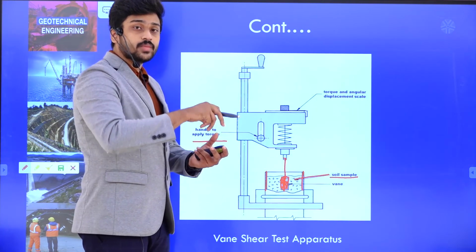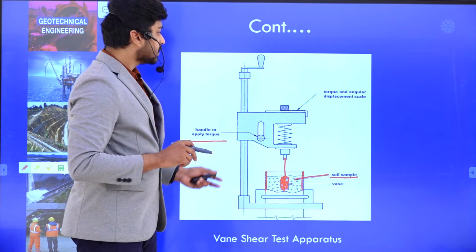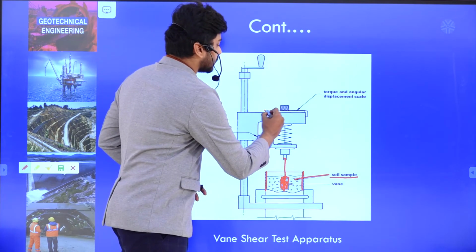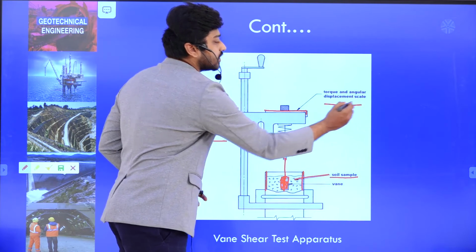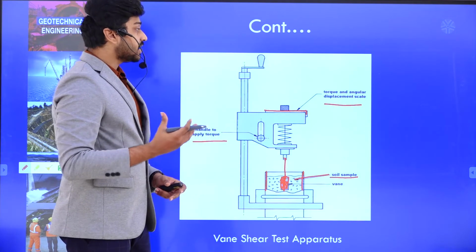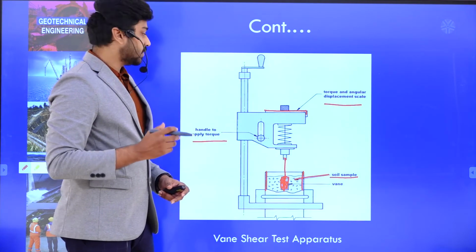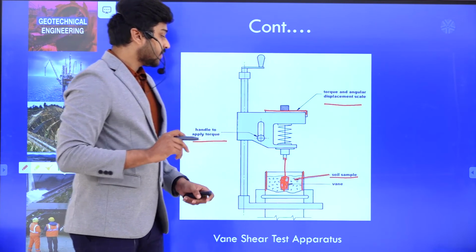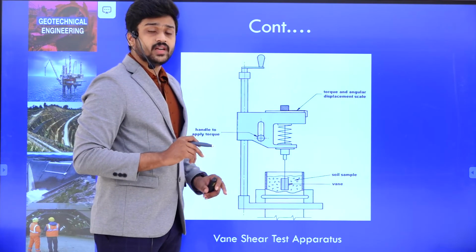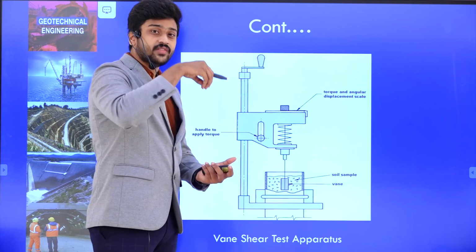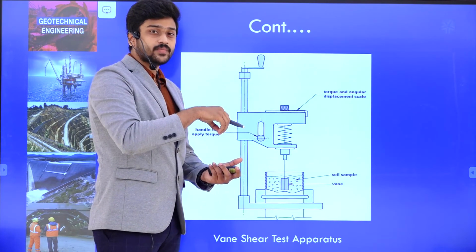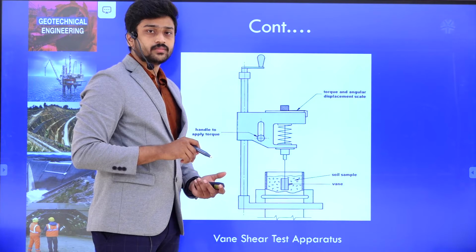That means rotation can be applied. Here there is a measurement scale to measure the torque as well as the angular displacement. If you look at this diagram in detail, once the sample is prepared, the vane is penetrated into it and now torque is applied.